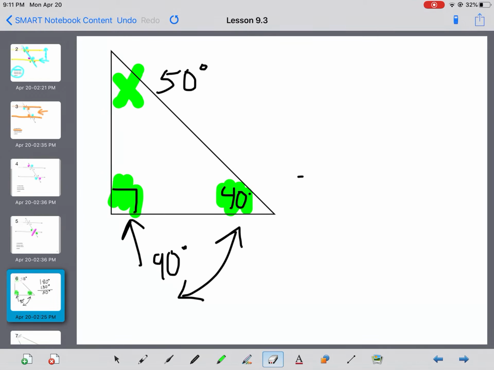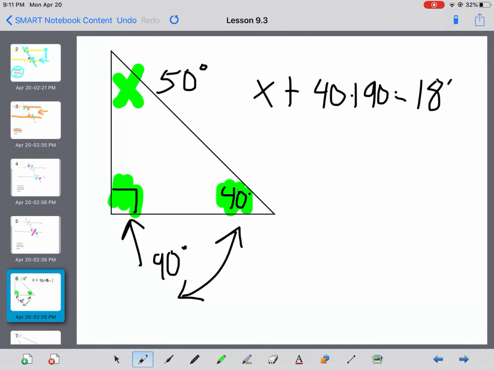Now, you might not want to, but I just want to show you that we could also have the statement that x plus 40 plus 90 equals 180 degrees. So you could solve this algebraically as well. So x plus 130 equals 180.